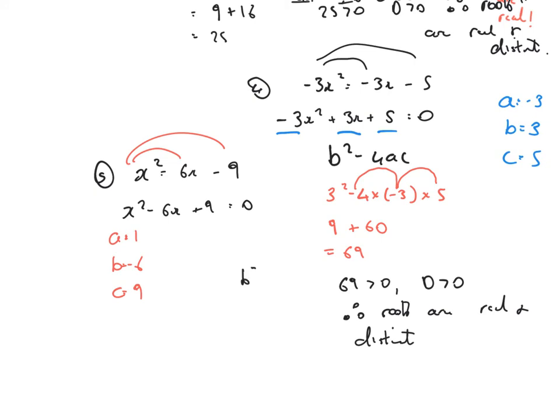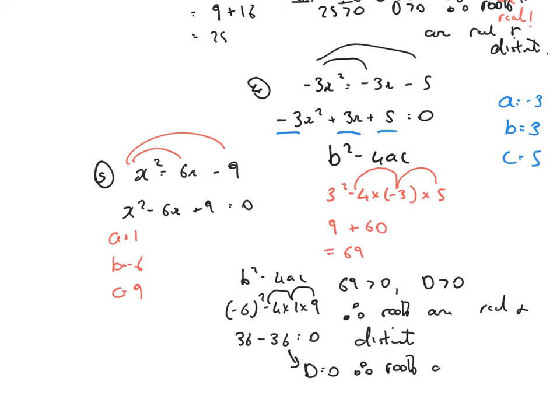Okay, b squared minus 4ac, minus 6 squared minus 4 times 1 times 9. Minus 6 squared is 36, minus 4 times 1 is minus 4, minus 4 times 9 is minus 36, that's equal to 0. d equals 0, therefore roots are real and equal.